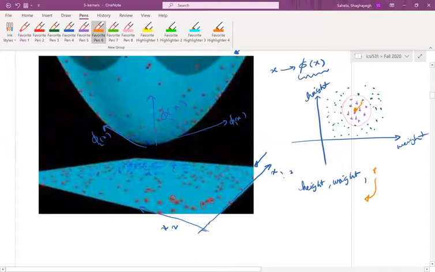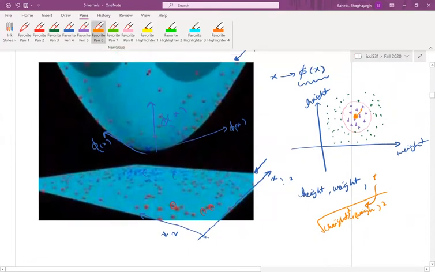If this is 0, it's going to be the square root of height square plus weight square. Okay, how does this help me?